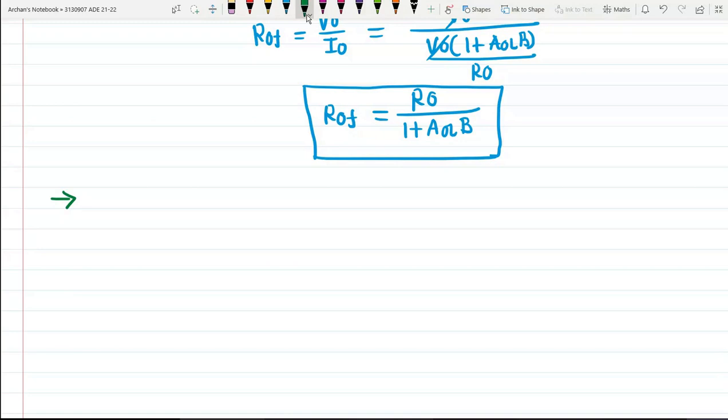Now talking about the bandwidth, the frequency range. What happens to bandwidth with feedback? We'll go through this also. In an operational amplifier, the frequency at which the gain is equal to 1 is called the unity gain bandwidth, UGB. We have seen this definition.